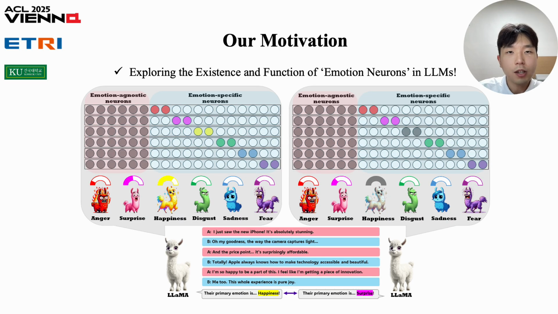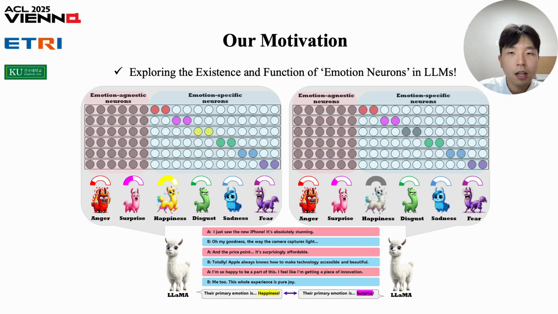This brings us to our core idea. We're not just looking for neurons, we want to test their function by manipulating them. Imagine feeding the same happy dialogue into a llama model. On the left, in the normal condition, happiness neurons fire, and the model correctly predicts happiness.